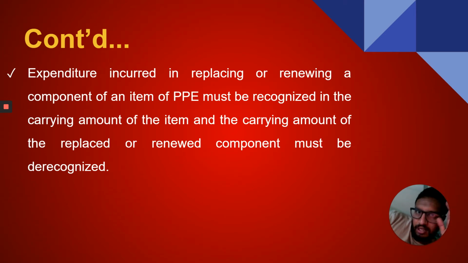By the end of the changing period, you'll have a zero balance; it will automatically be derecognized, right? But what it means is that the engine you're throwing out, you need to derecognize, and then add the other engine that you're purchasing, okay? That's all it basically means.